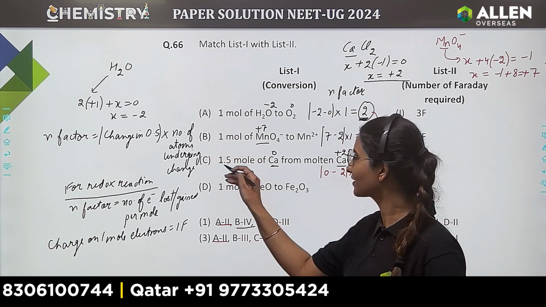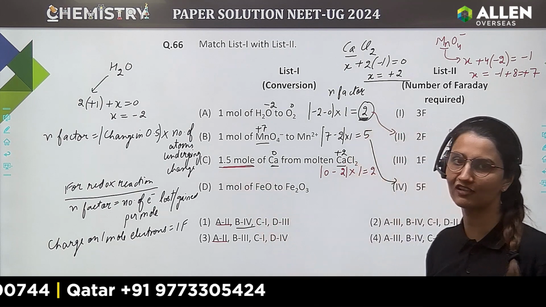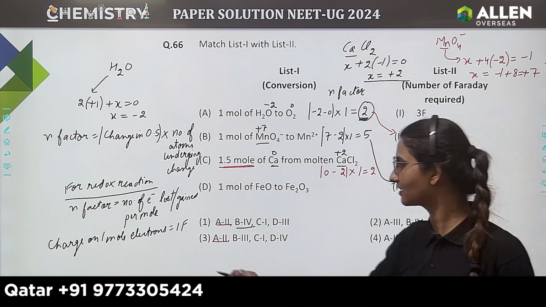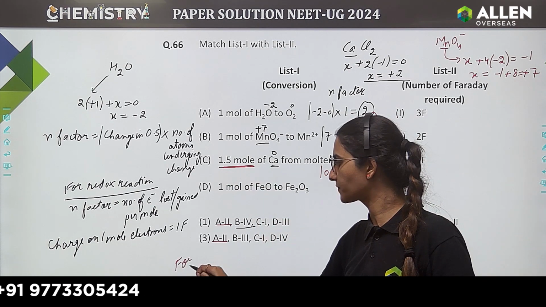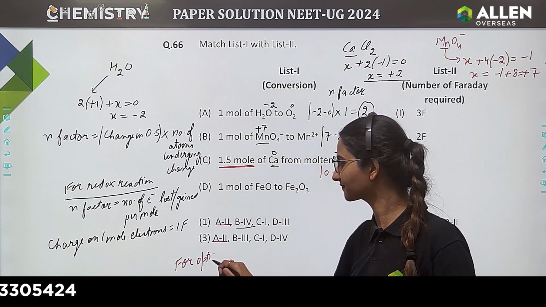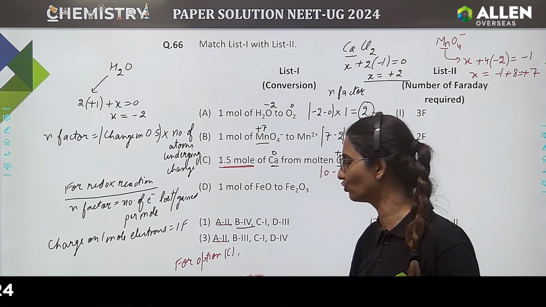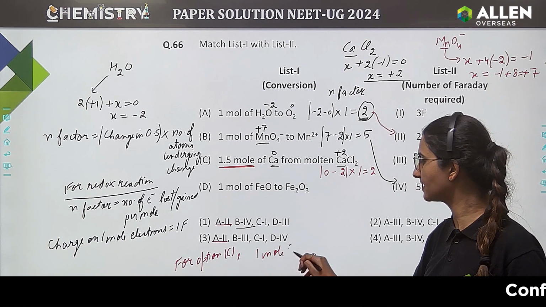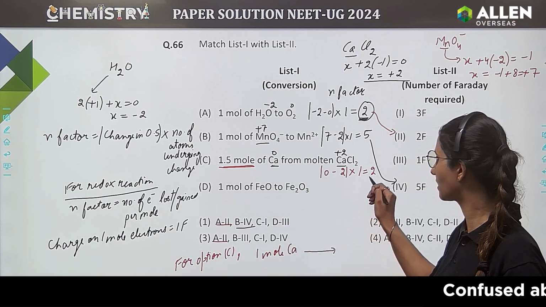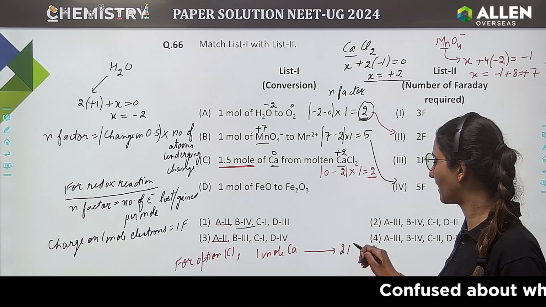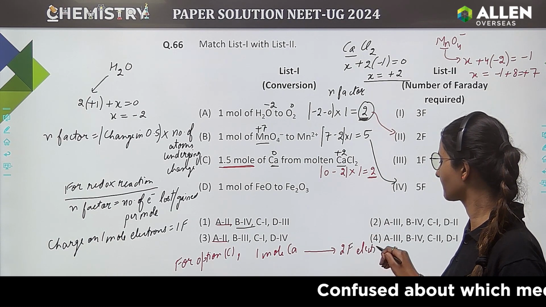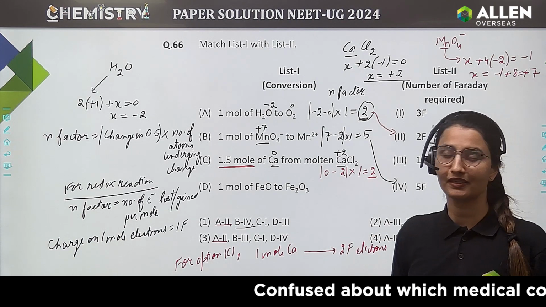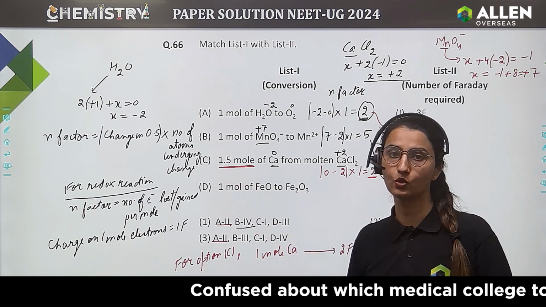Check option C, students. Here they have said 1.5 mole. So for option C, let me quickly review. 1 mole of Ca needs how much? 2 Faraday electrons. Given in the question is 1.5 mole.